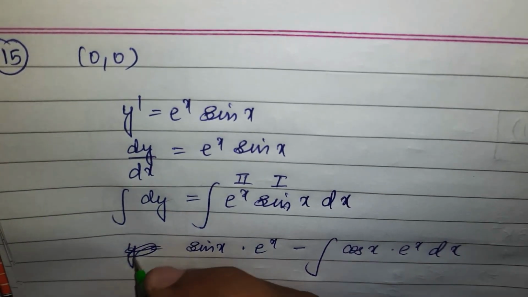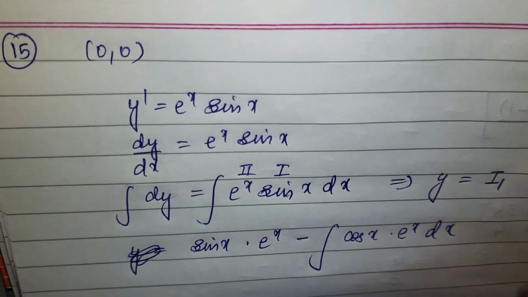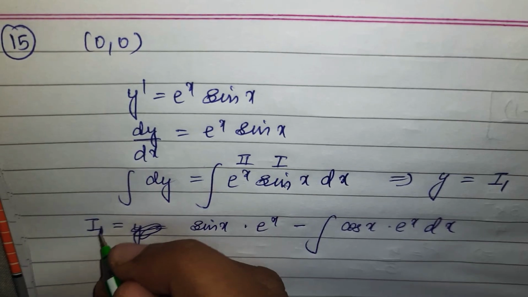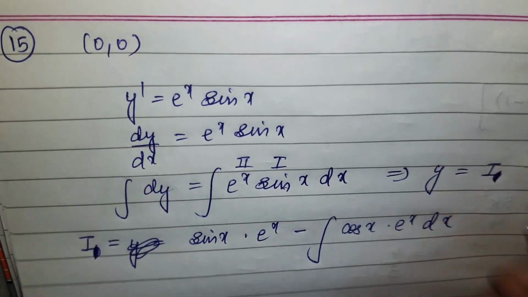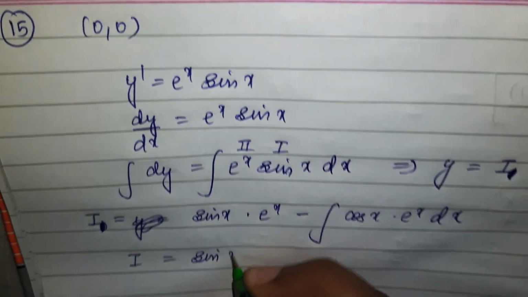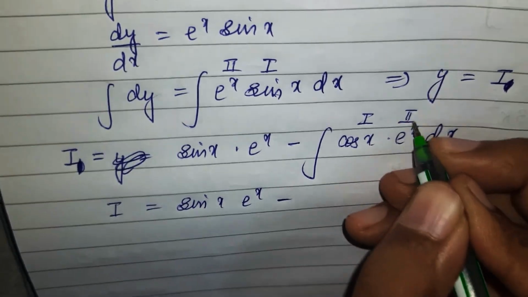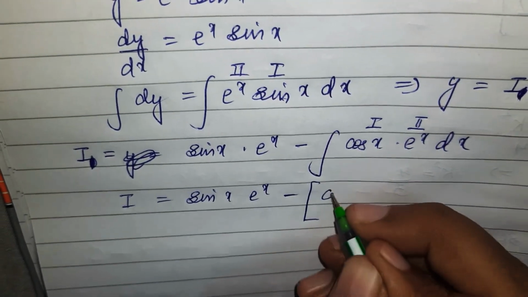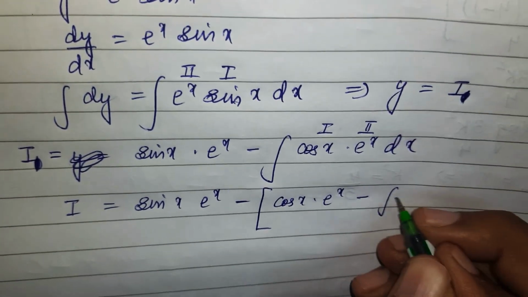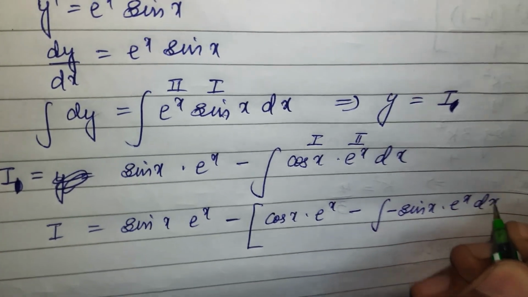If I proceed with this, y is equivalent to I. So firstly solve I. I have only one integral, so I sin x e^x, again apply first function, second function: first function same, integration of second function, minus integral of cos x into e^x dx.